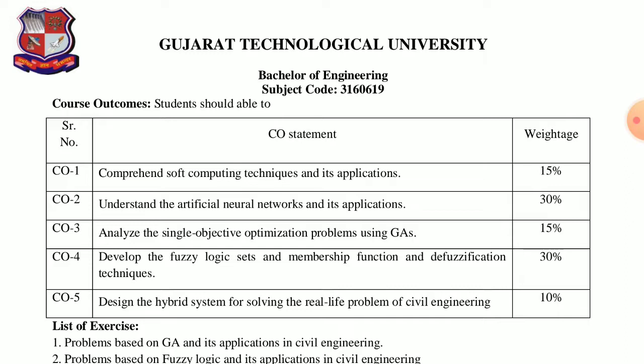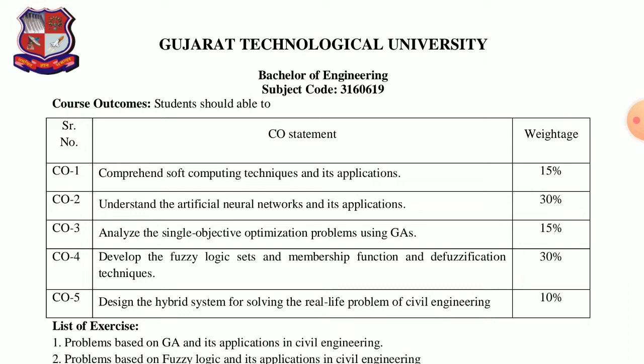Then understand the artificial neural network and its application; this topic's weightage is 30%. Means here we first learn the theory and then its applications, and we can use that theory in real life systems, and we can solve real life problems by using these different techniques.